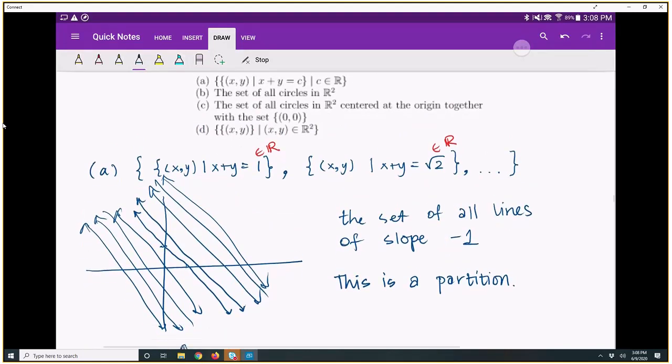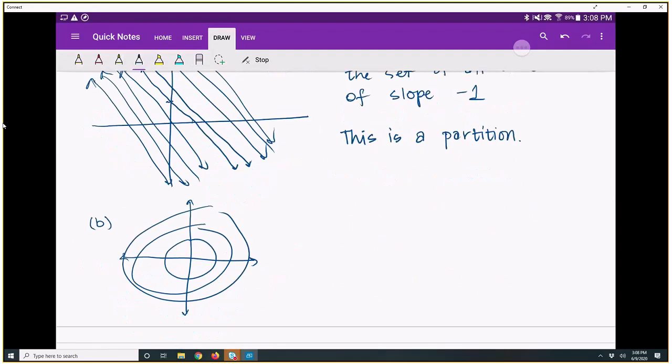Oh no, in this case, they're not all centered at the origin. So I could draw a circle like this. Well, then you can see I've got a problem because I've got two circles intersecting. So this is not a partition because these are not disjoint sets.